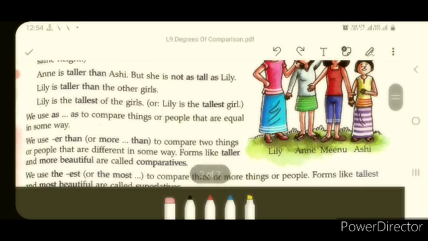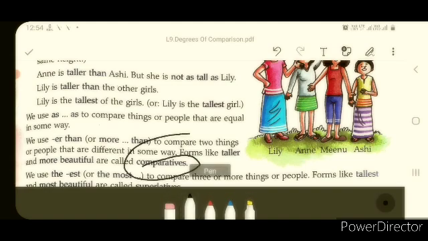We use er or more, than to compare two things or people that are different in some way. Like he is taller than me, he is happier than me, he is stronger than me, etc. Forms like taller, more beautiful are called comparatives. Simply, words that are used for sheer comparison are called comparatives.